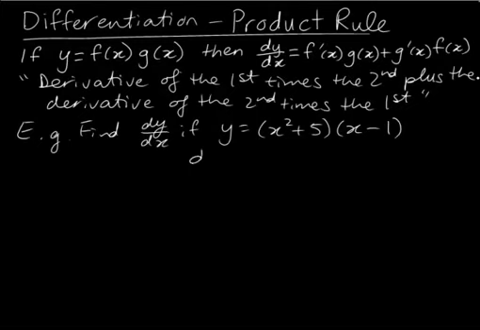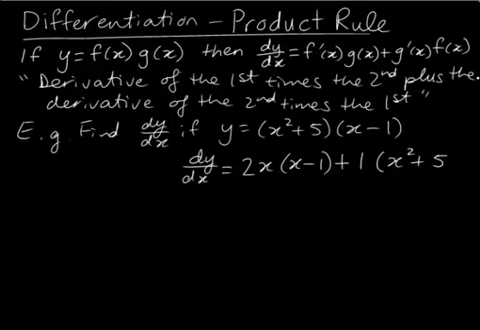Well, dy dx then will be equal to the derivative of the first, which is the derivative of the quadratic there, is 2x, and then multiply by the second function exactly as it is, plus the derivative of the second function, so the derivative of that one is just 1, and then multiplied by the first function exactly as it is.